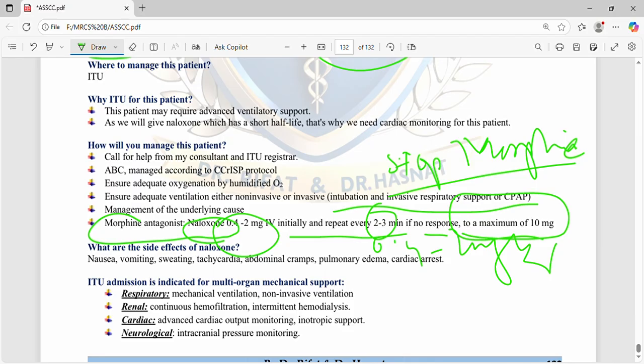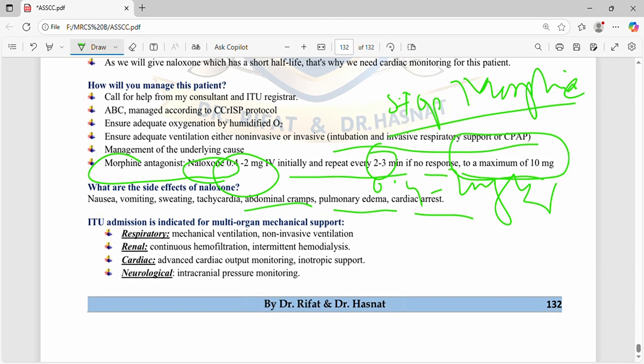What are the side effects of naloxone? Nausea, vomiting, sweating, tachycardia, abdominal cramps, pulmonary edema, and cardiac arrest. You have to admit this patient to ITU because the patient may need multi-organ mechanical support.